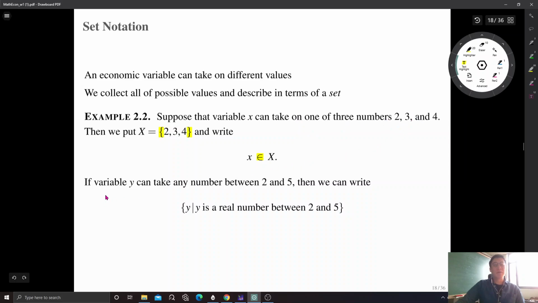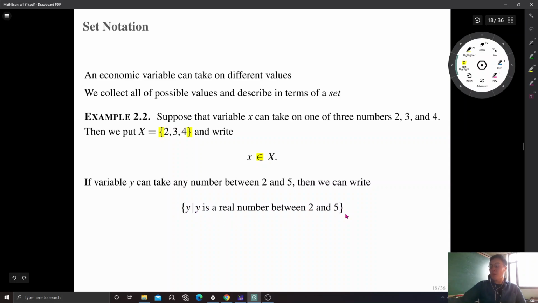But some variables can take any number between 2 and 5. Then we can write this in terms of a set: the set of y such that y is a real number between 2 and 5.